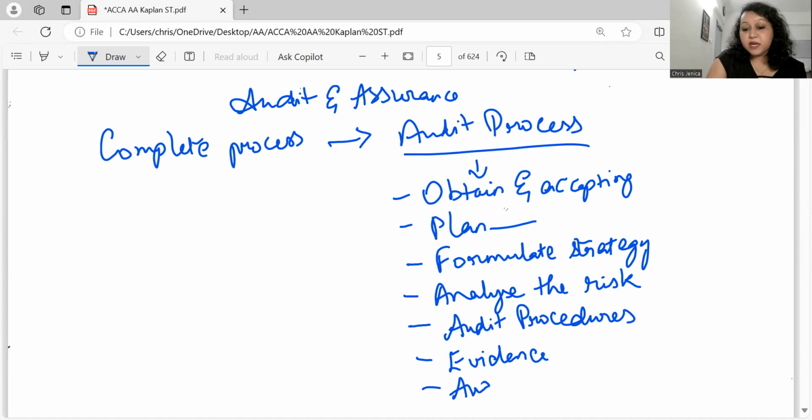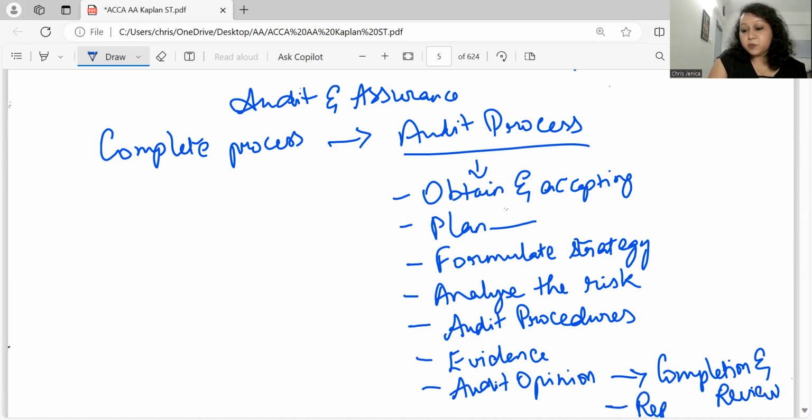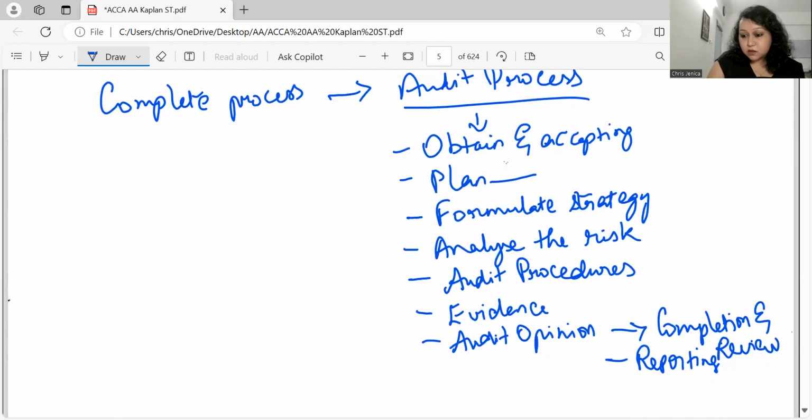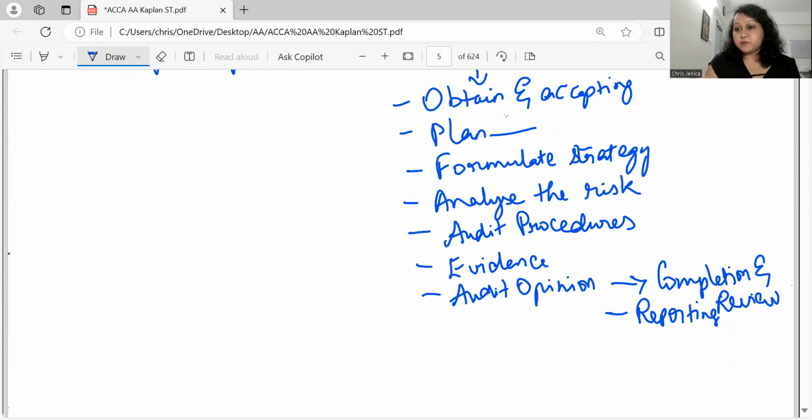Then I'll be coming out with my audit opinion. So this will be a completion and review stage. Then finally, I will be reporting. So this is basically the complete audit process. This is what we are going to learn in this paper.